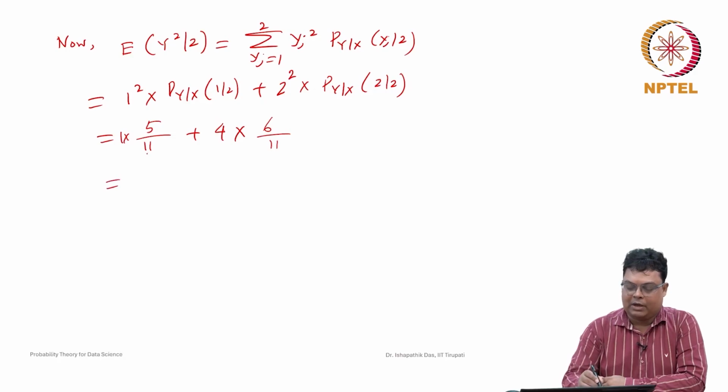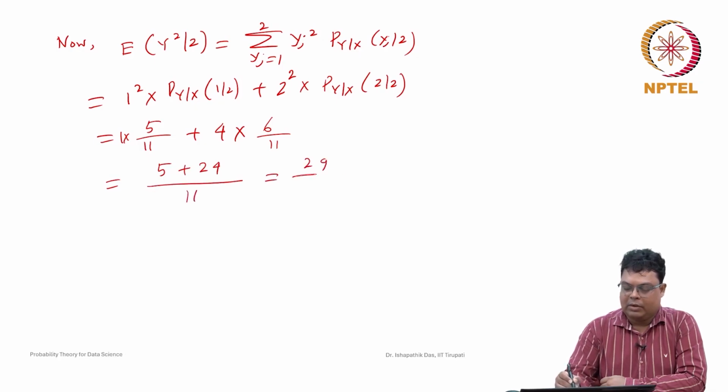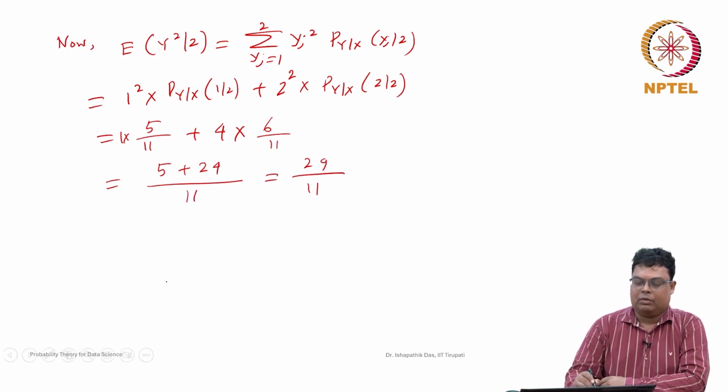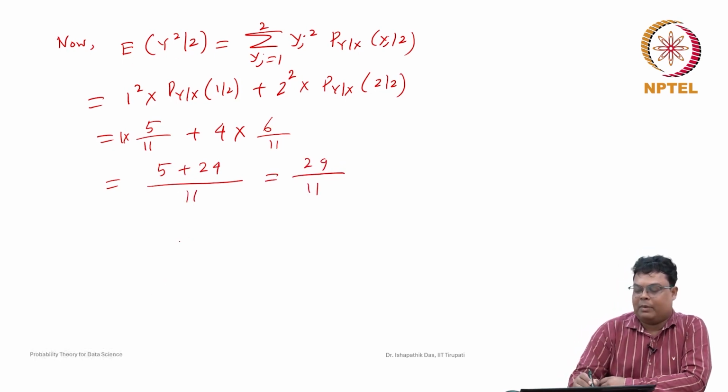Finally we get 5 plus 24 by 11, which is 29 by 11.